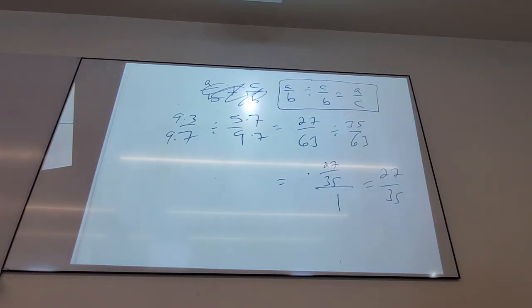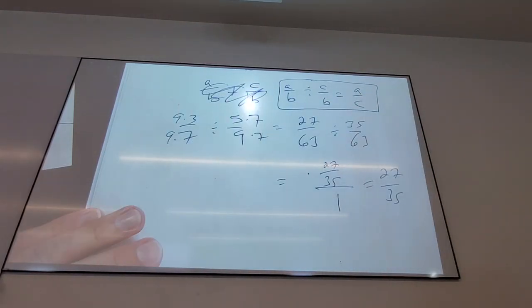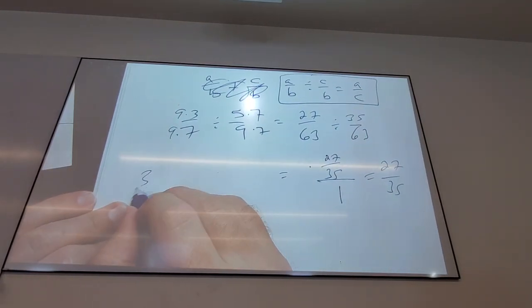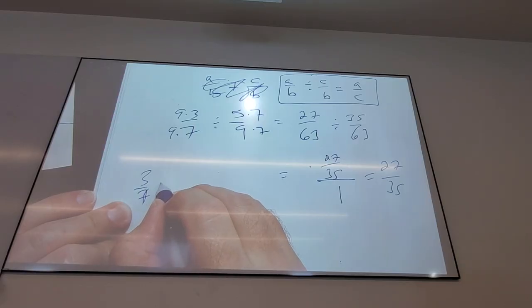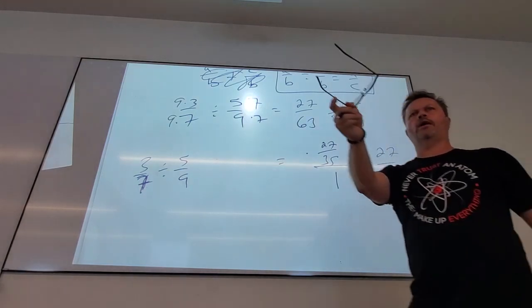Now let me ask you, this will be the last thing we do today, I think. So where I push my luck with you guys. If I start over from the beginning, 3/7 divided by 5/9, how would you actually do this? I'm pretty sure I showed you why you do what you do.